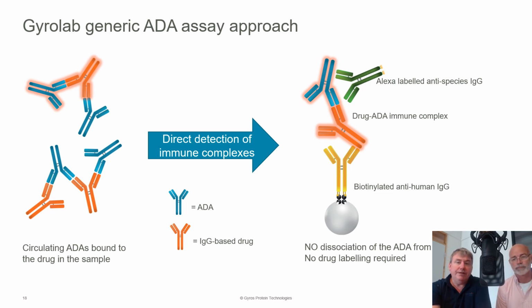Yeah, I think the other advantage of Gyrolab is the microfluidic flow through, and also the column as part of the microfluidics has quite a high binding capacity. This means that we're going to pull down pretty much all of the drug onto the column. So it means that drug tolerance isn't an issue. We're not trying to fight with the drug concentrations to measure the free ADA.